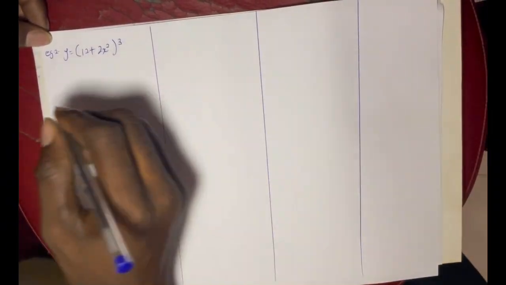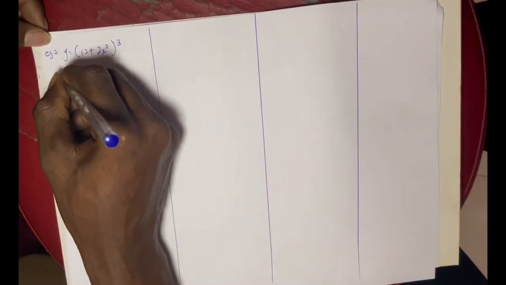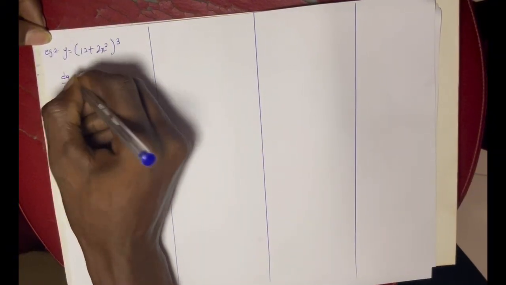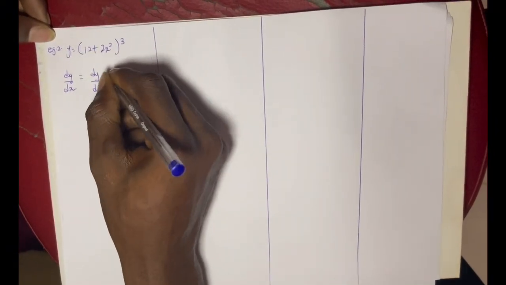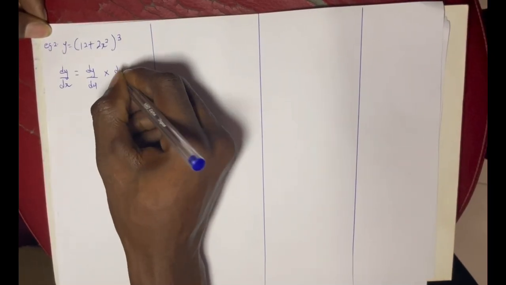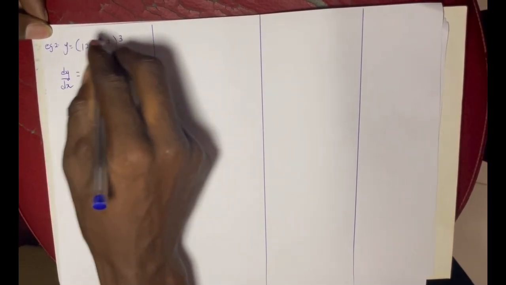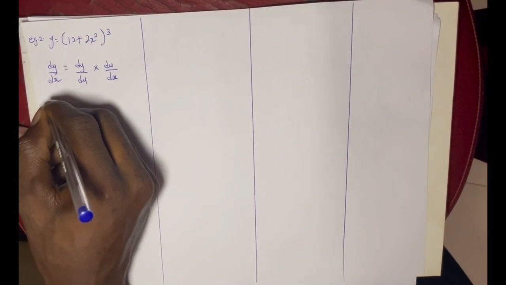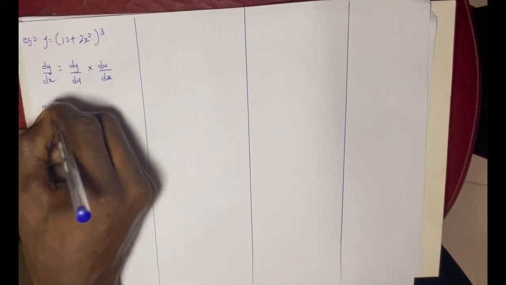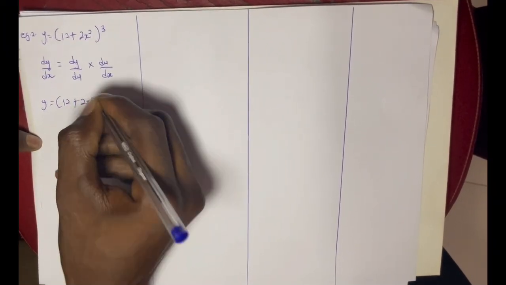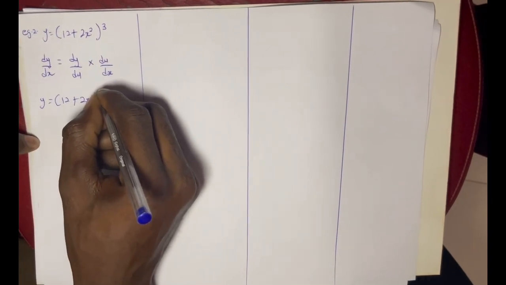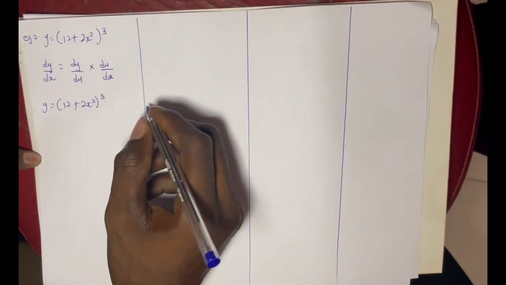It was time for us to solve another question under our chain rule. We said that the chain rule's formula is dy/dx is equal to dy/du times du/dx. Given this question, y is equal to (12 plus 2x squared) with an exponent of 3.